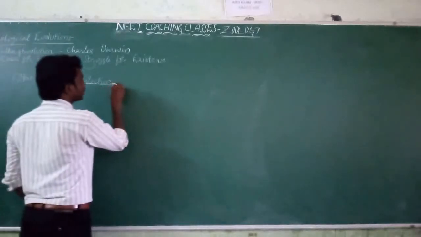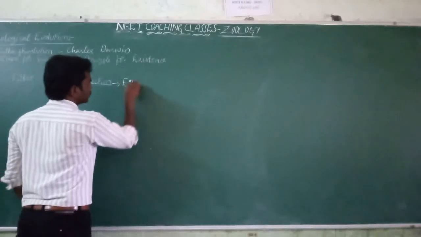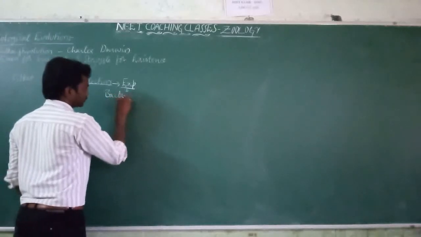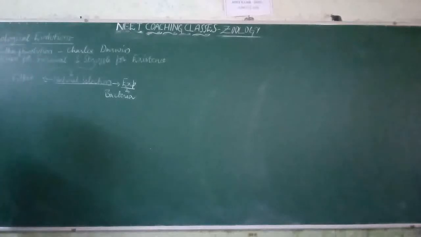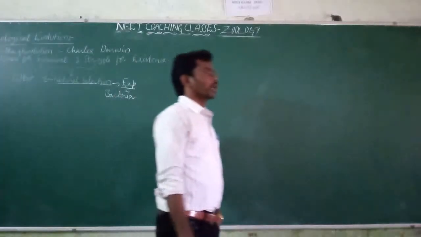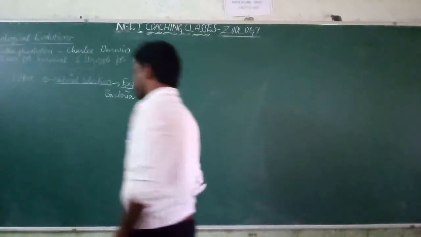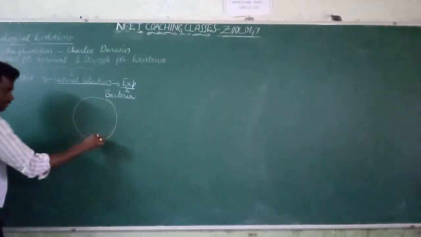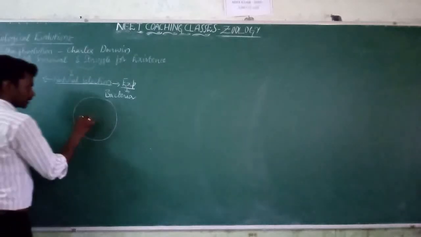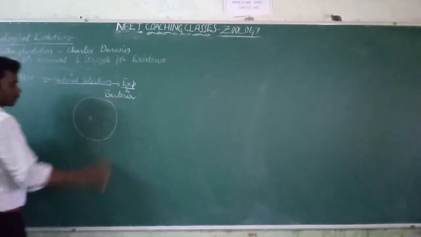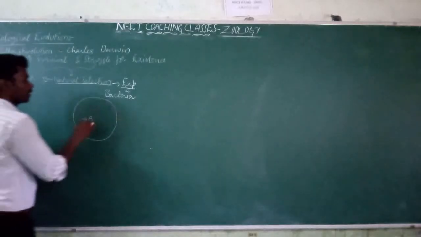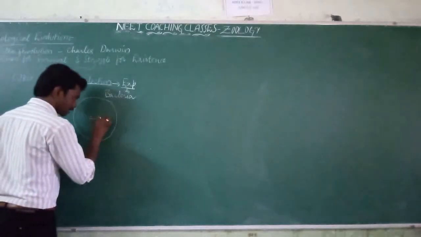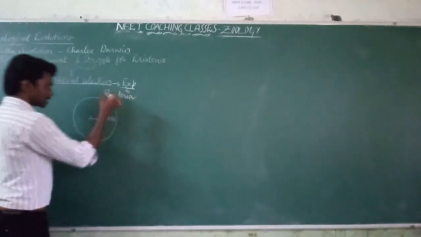Here, Charles Darwin conducted an experiment using bacteria. How? For example, let us imagine a culture plate. In this, the bacteria present, named A, take lactose as food.